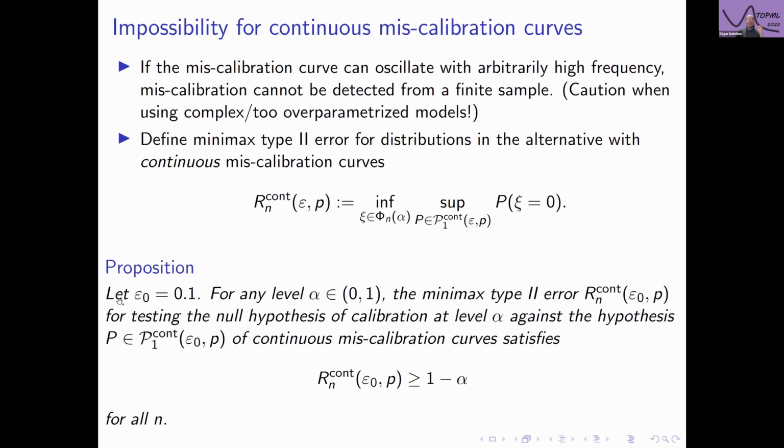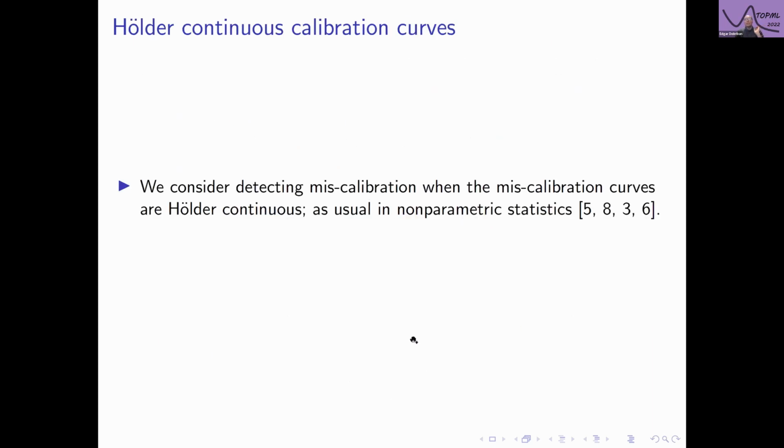It turns out this result shows, for some value epsilon, it could be anything, that this quantity, this minimax type 2 error, minimax risk, is as big as it could be, 1 minus alpha. Even if we don't do anything, if you just randomly flip a coin, we would get 1 minus alpha. So this is as bad as it could be. This problem is impossible.